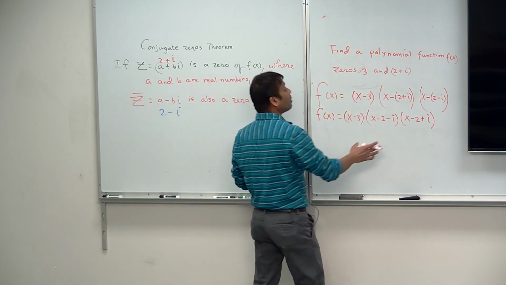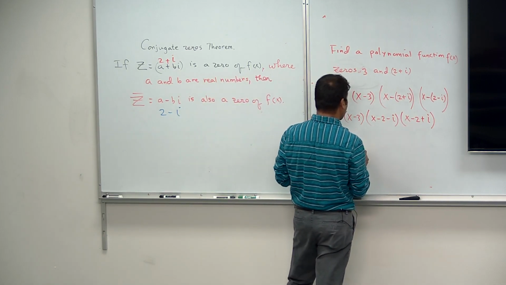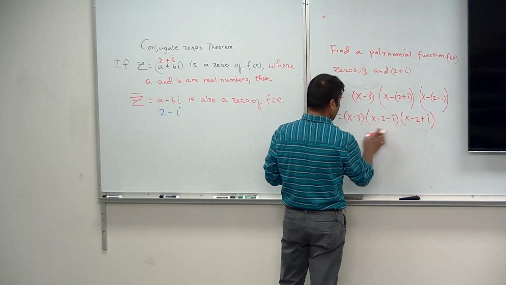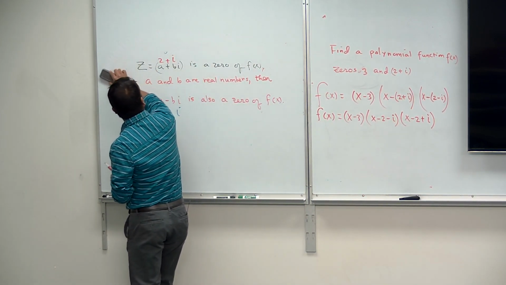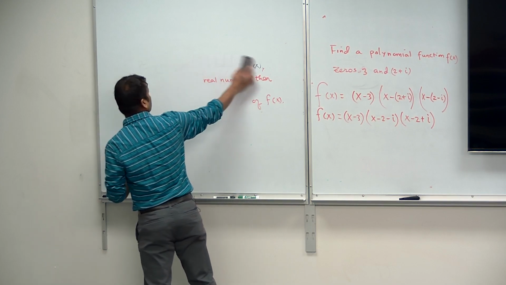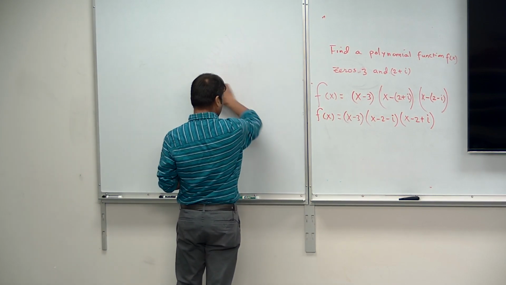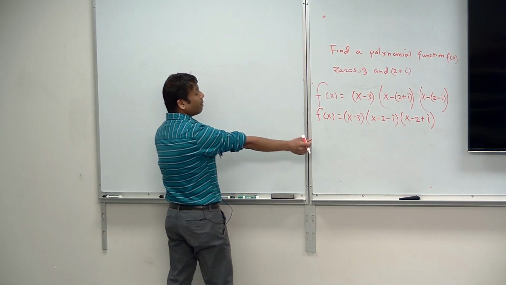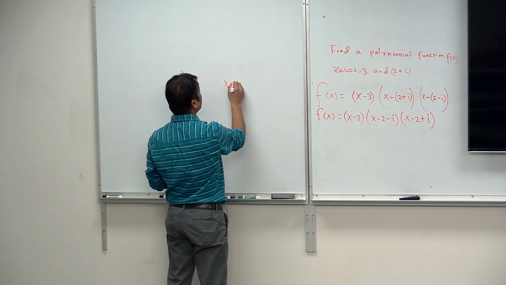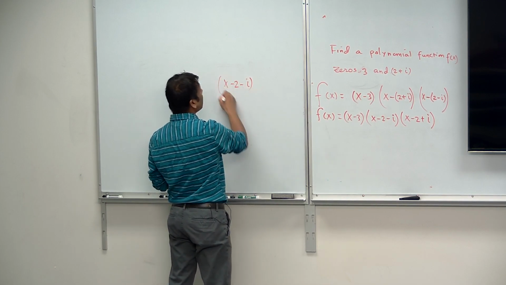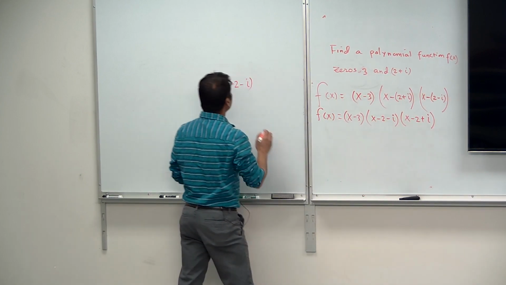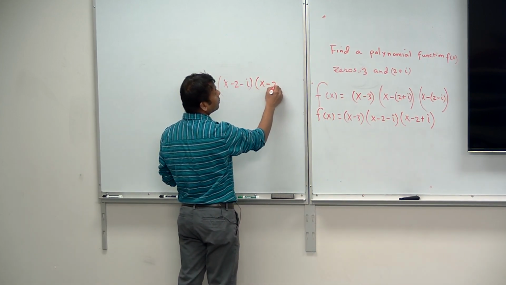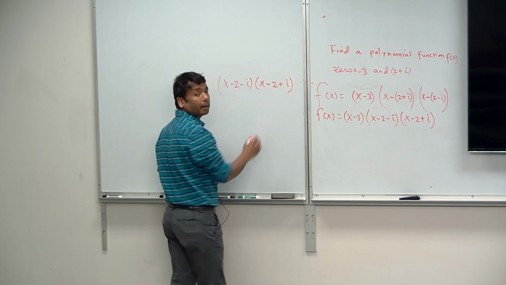Okay, so now let's multiply this first. I want to take care of this: x minus 2 minus i, multiplied by x minus 2 plus i.